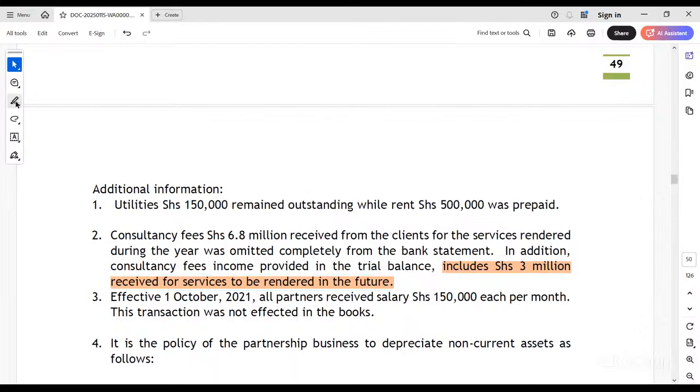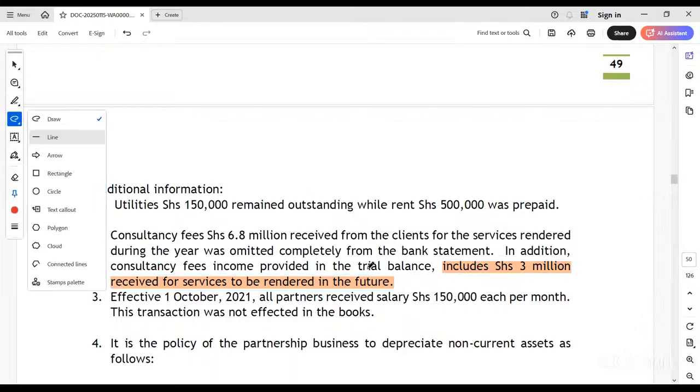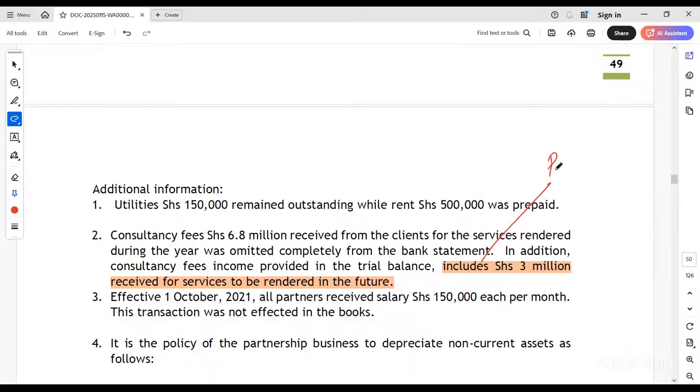This is a prepayment. Let me just add a note here. This is prepaid income, and it's a liability to the business.